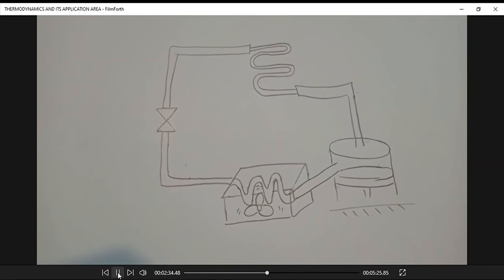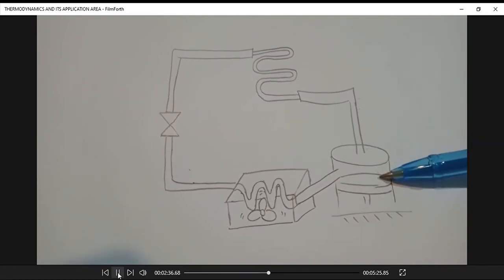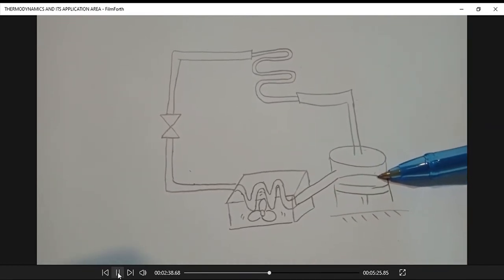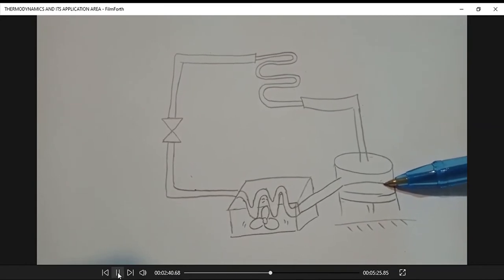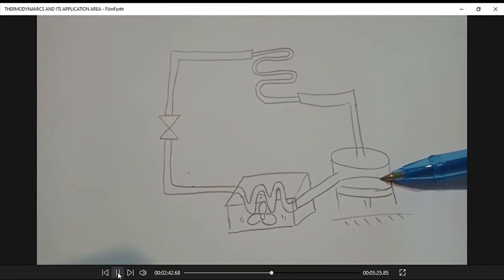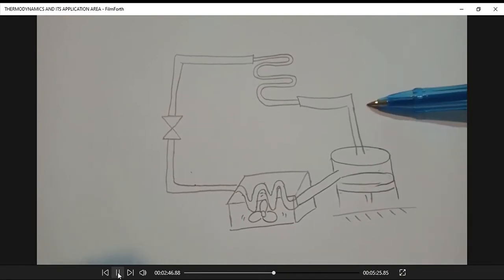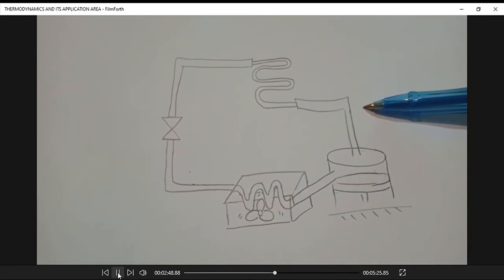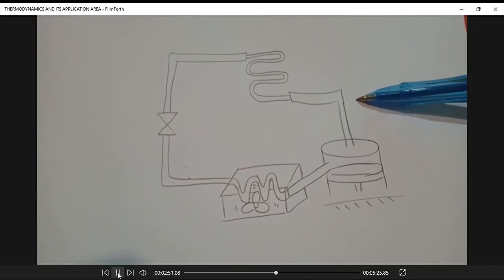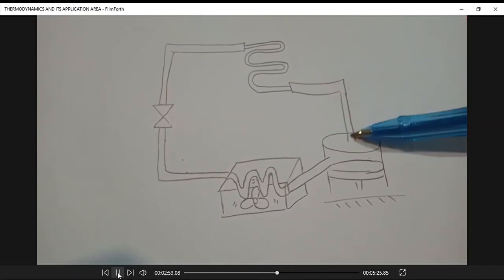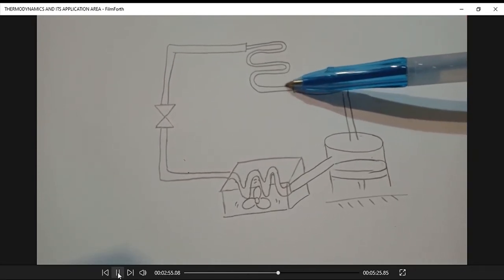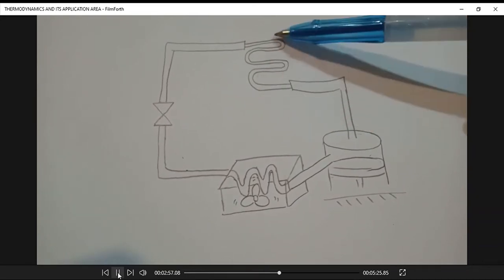How does it work? The compressor will receive a low pressure, low temperature gas, and then compress the gas into a high temperature and high pressure gas. The gas will then flow through this pipe and reach this condenser.